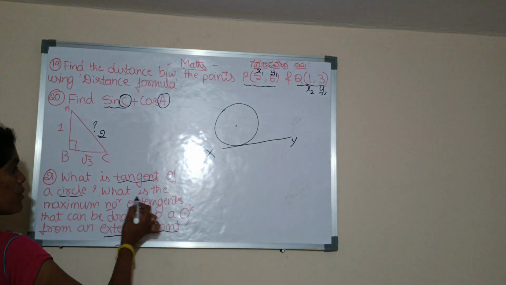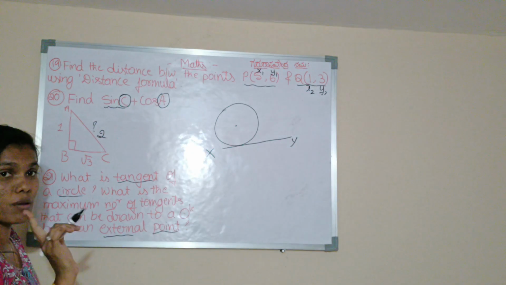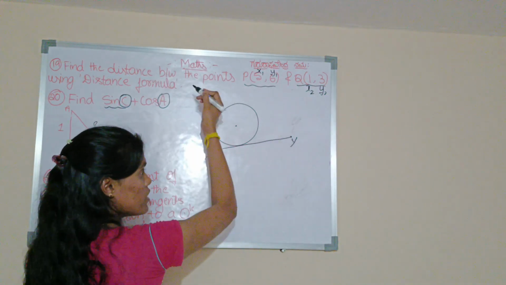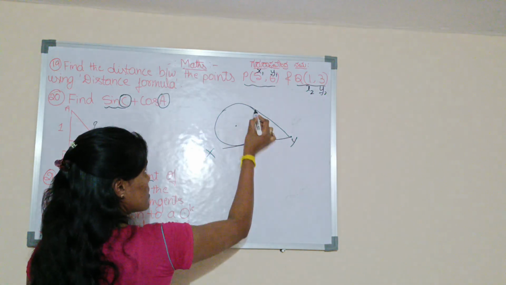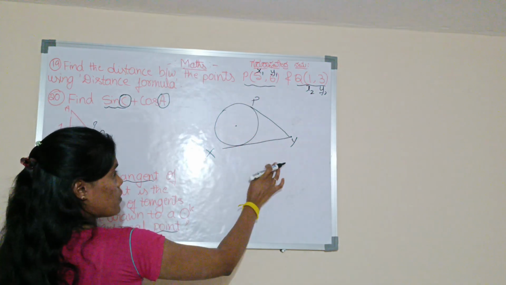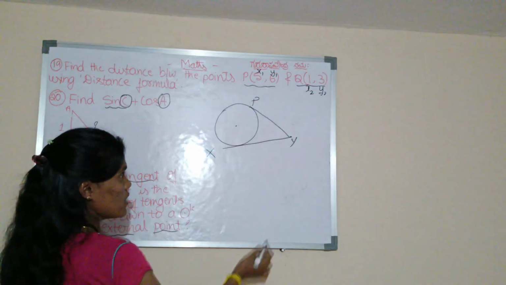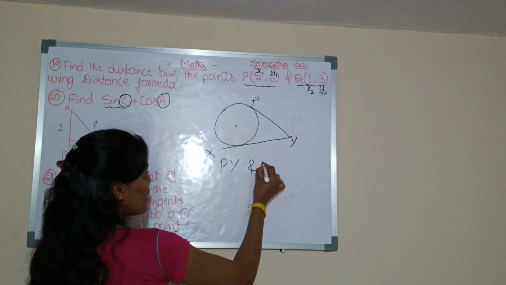What is the maximum number of tangents that can be drawn to a circle from an external point? Here Y is an external point. Through Y how many tangents can I draw? I can draw only two tangents. Here I given the contact point as P. Then you can say tangents PY and XY.